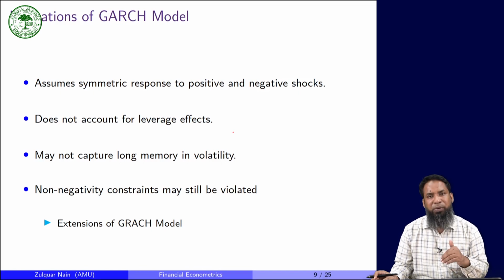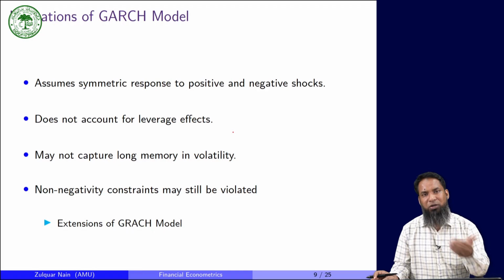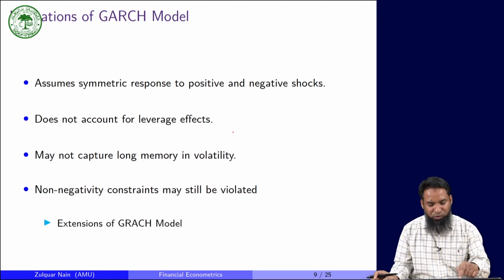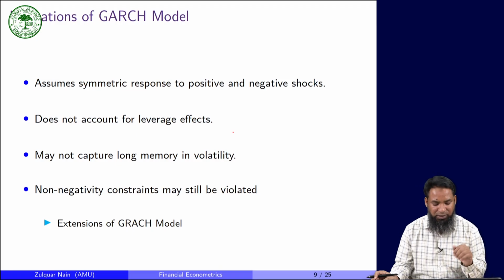In the real world, this implies that bad news and good news have a similar effect. However, it has quite often been observed that bad news and good news have different effects on volatility. That means it does not account for the leverage effect.